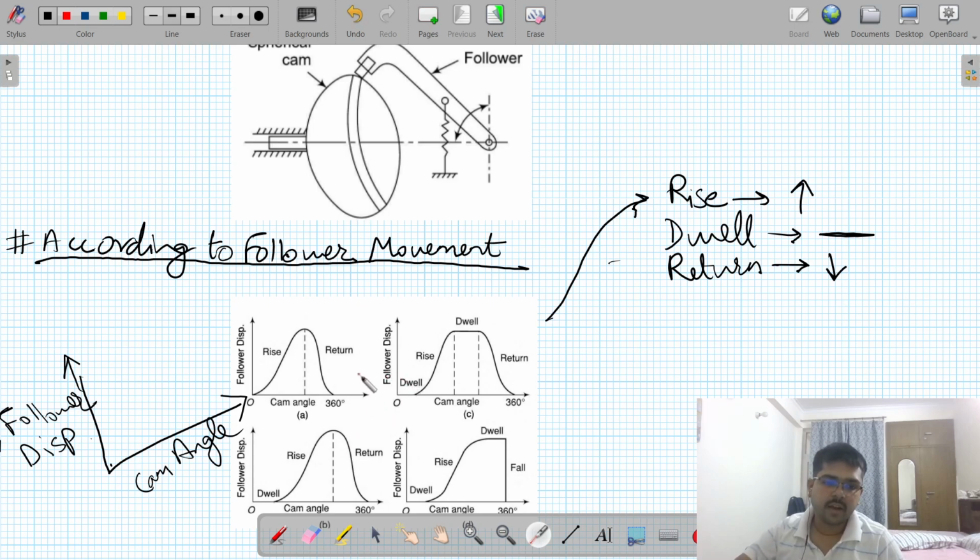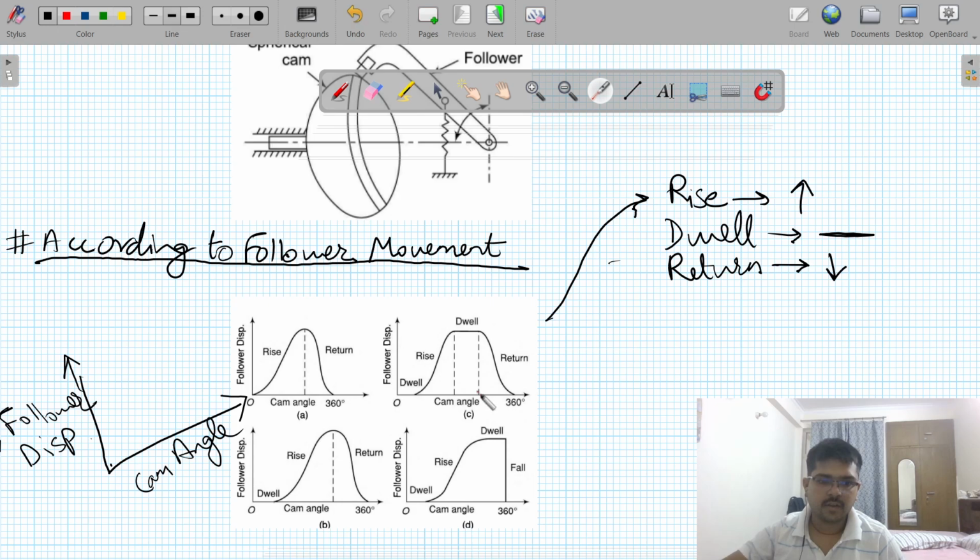Now the second type of cam that we have is dwell rise return dwell. Dwell means to just stay at whatever position it is at for some period of time. So we have dwell, rise, and return, and then again dwell. This type of cam is called DRRD.